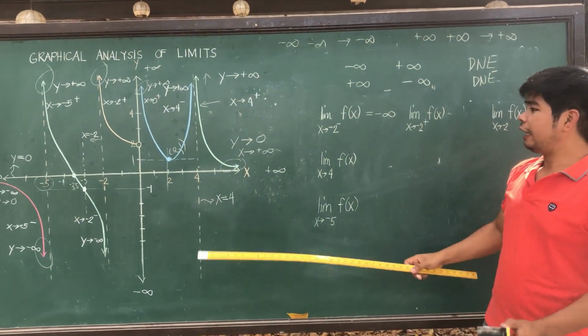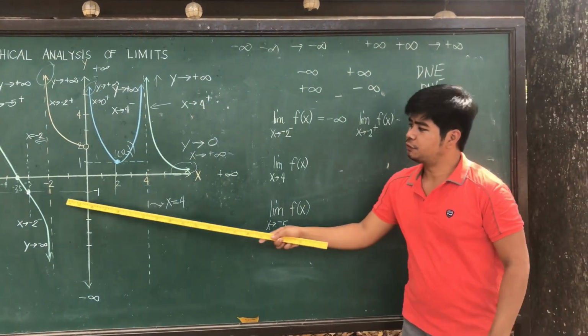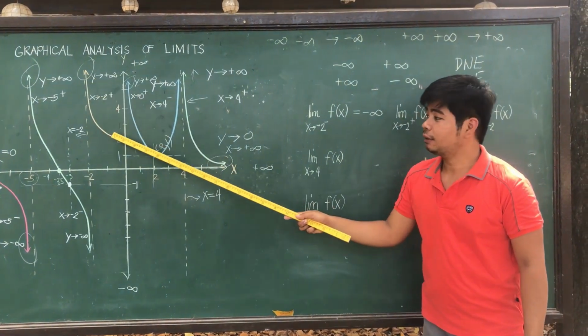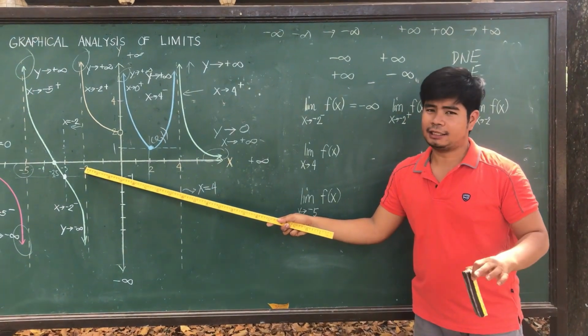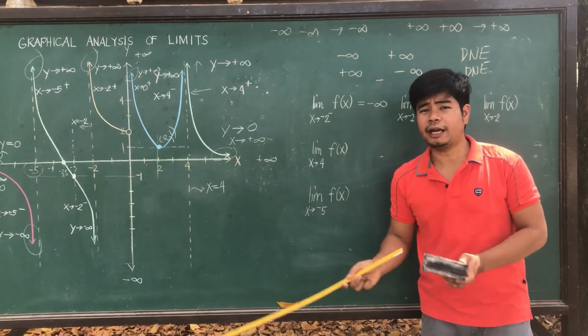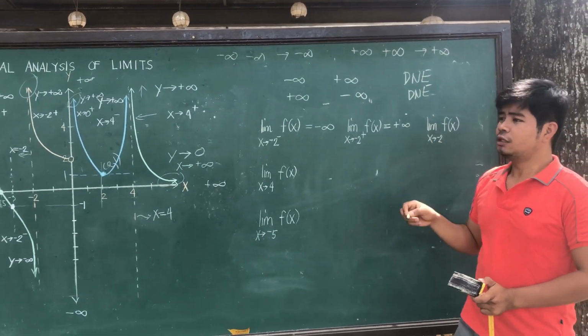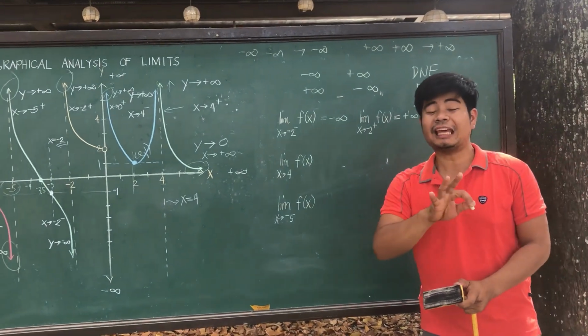What about on the right of negative 2? So in right of negative 2, we observe the right of negative 2, y here keeps on increasing. Kita natin na paakyat ang values ng y habang nilalapitan ng x ang negative 2 galing sa kanyang right. Therefore, here, the answer is positive infinity. Just take note that we don't exactly mean equal.